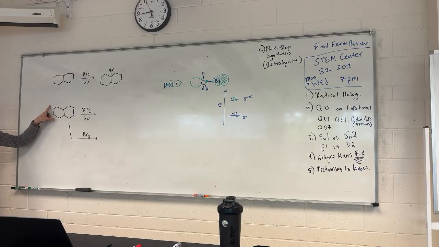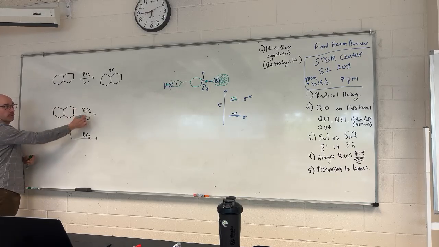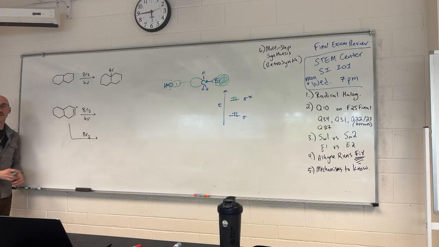So the position that has resonance, allylic. Do you want to define allylic? Adjacent to the pi bond, adjacent to the alkene. So should I place the radical here? Is that allylic? It is not adjacent to the alkene. That is the alkene.